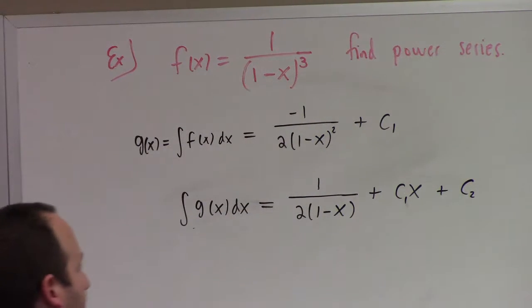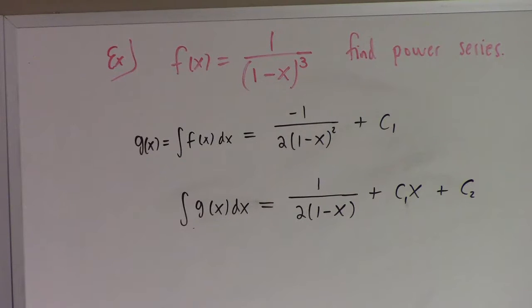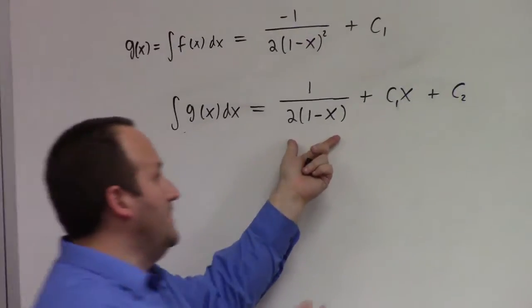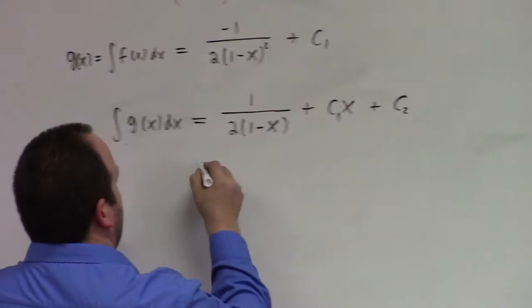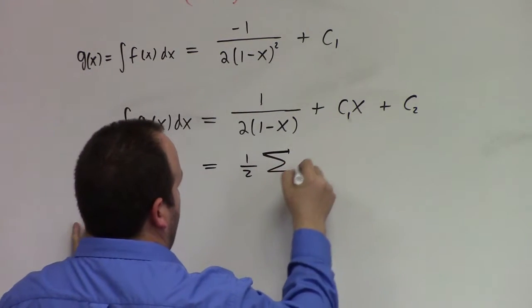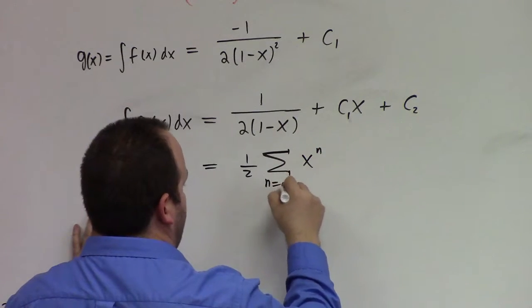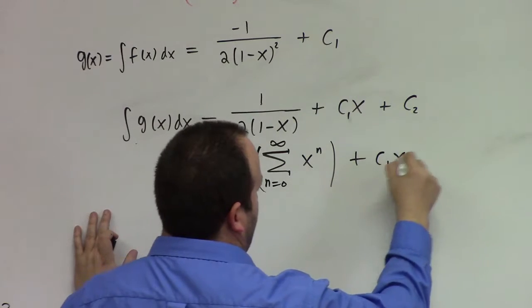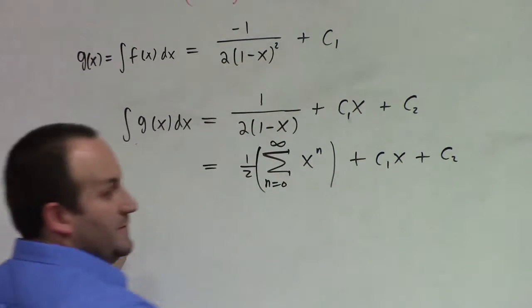Every time I integrate, I get a constant of integration, right? Oh, hey, but the last thing I wrote is nice, right? Because now I'm at something that I can apply the geometric series to. So this is really just 1/2 the sum n equals 0 to infinity of x to the n, all right? Plus C1 x plus C2, just leave those out there.